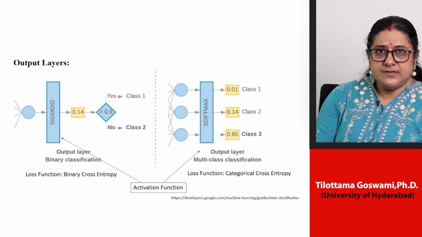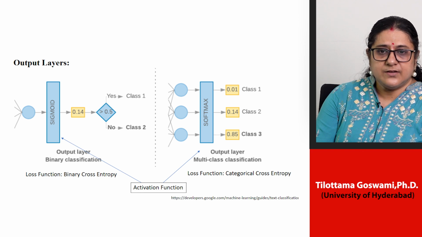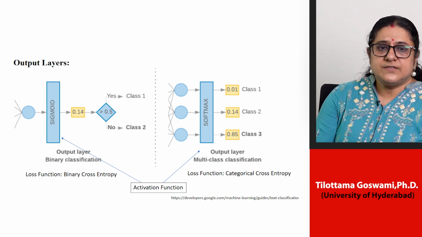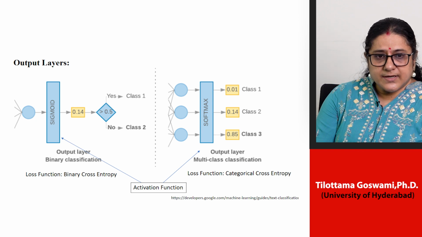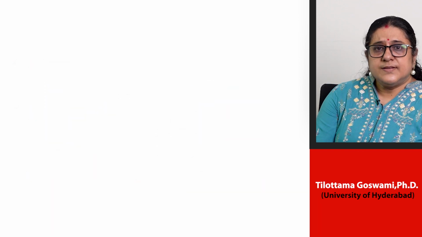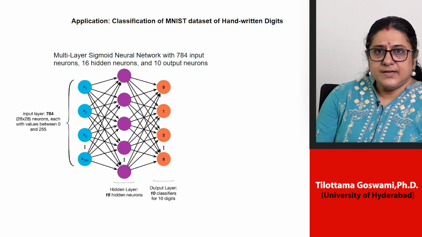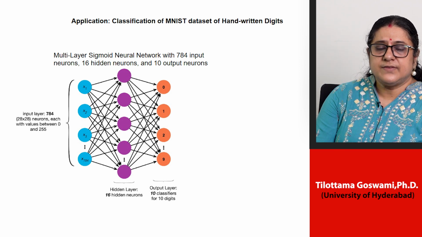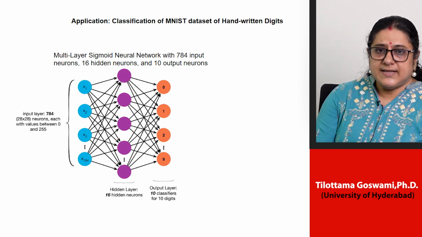The loss function used for binary classification is called binary cross entropy, and for multi-class it is categorical cross entropy.